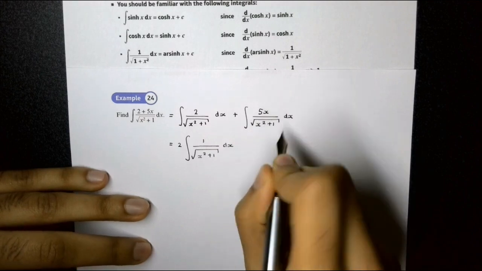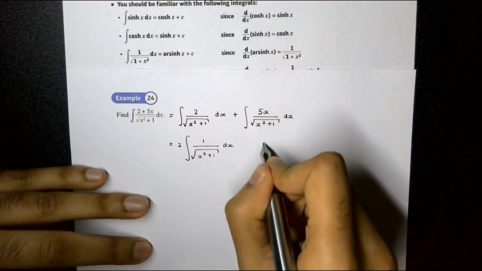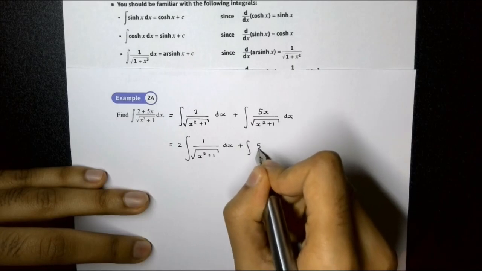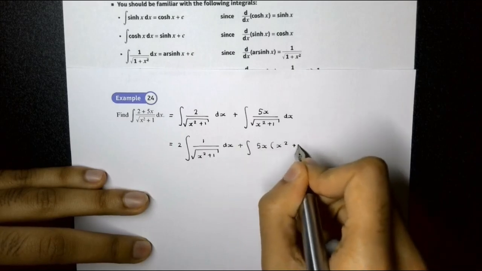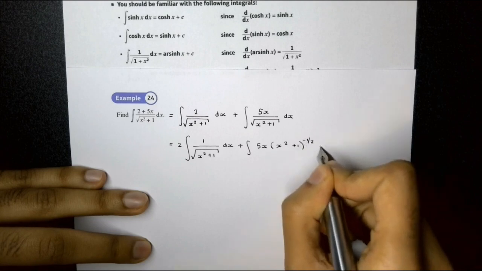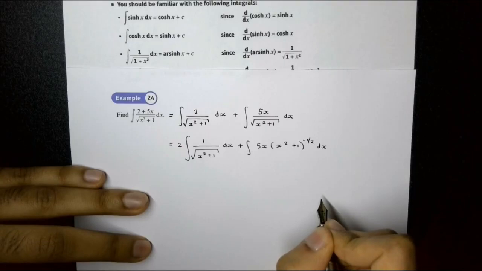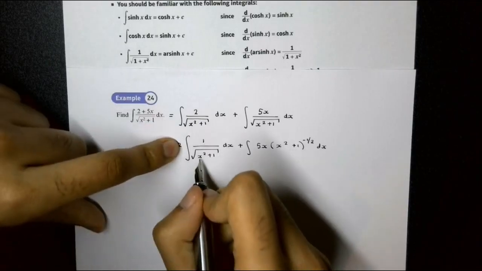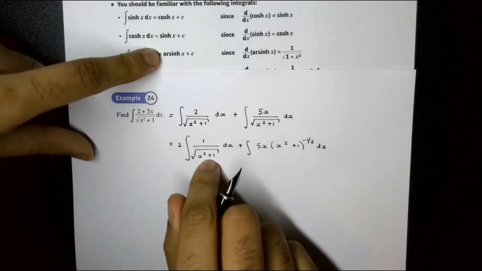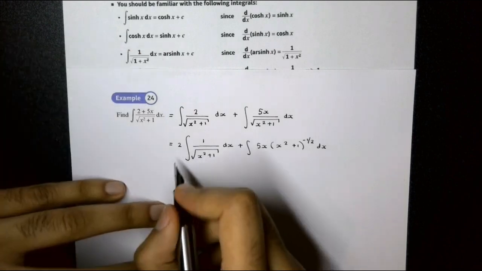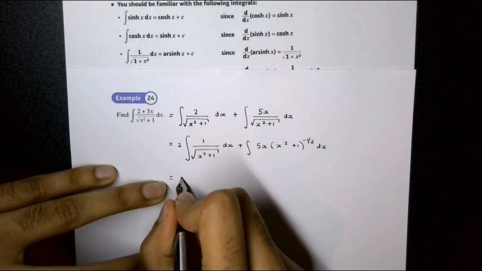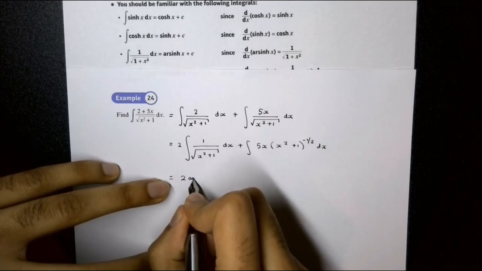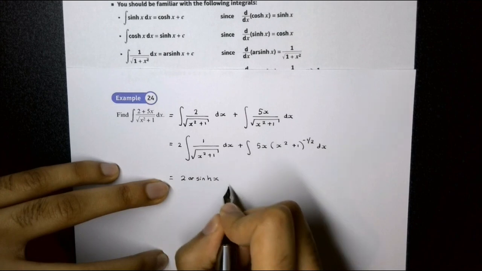And then over here, what we can do is rewrite this as the integral of 5x lots of x squared plus 1 to the power of minus 1/2 with respect to x. So if we deal with what we have over here, hopefully you can see the integral of 1 over square root of x squared plus 1, that's the inverse hyperbolic sine of x. So if we work this out, we've got two lots of inverse hyperbolic sine of x.